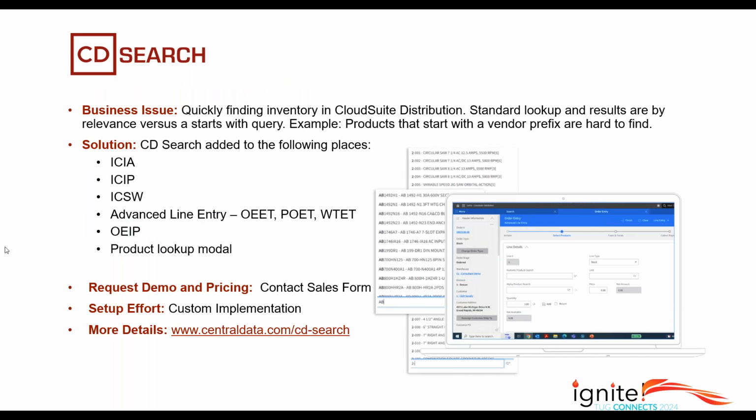From Joe Savage: does the part starts with search only hit the user's warehouse and OET, or does it show all the warehouses? So it's going based on ICSP and ICSW, Joe. We originally were just doing ICSP, but people were like, but what about availability?